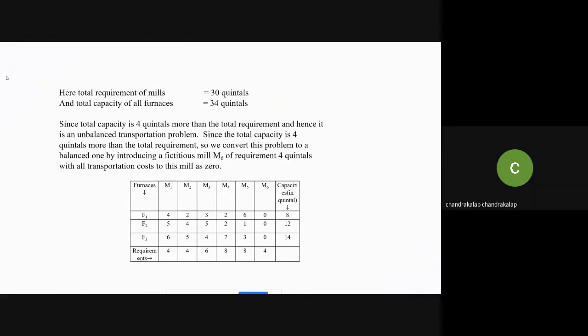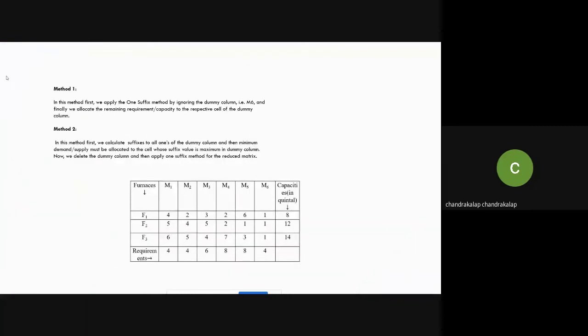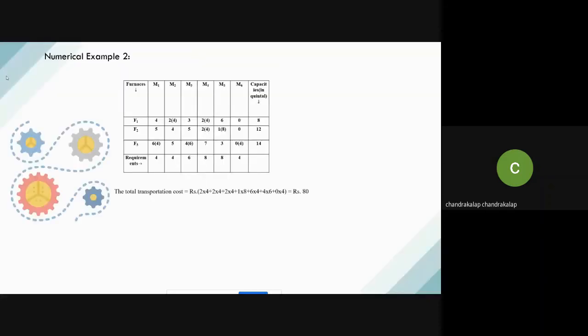So, to convert this problem into a balanced one, we introduce a dummy fictitious mill M6 with 0 cost, and the requirement is 4. Now it becomes balanced. When we apply the VAM method, we get 80 as the net cost of transportation. If we apply our one suffix method, the total transportation cost is 80 rupees.